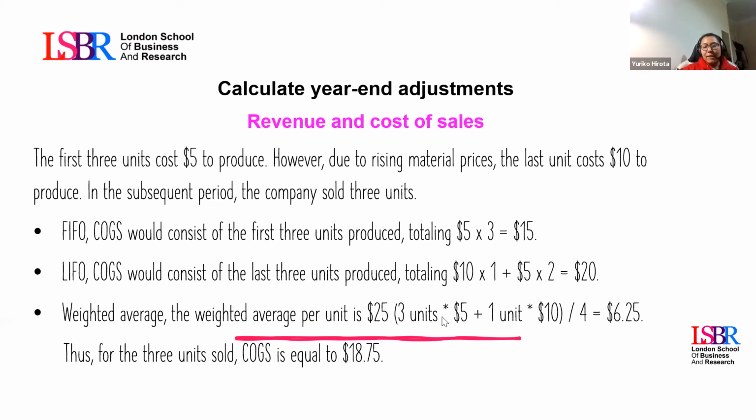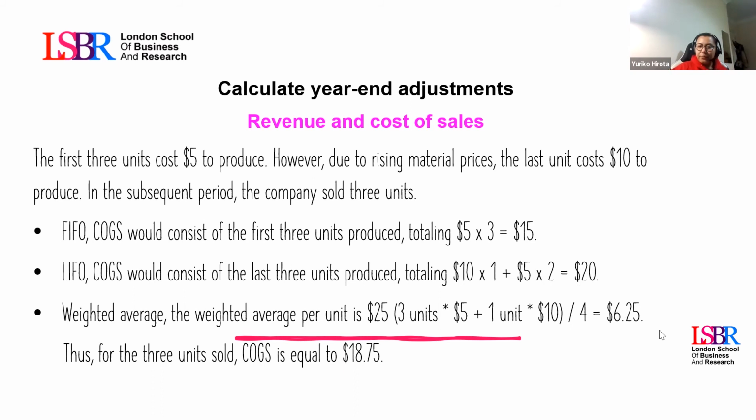The 3 units multiplied by 5, because we have 3 units and the cost is 5. We need to add 1 unit that the cost is 10. So if we do this operation, we will get 25. Then we need to divide by 4, because at the end we have 4 units in total.